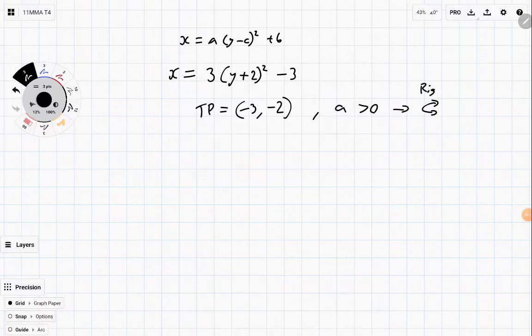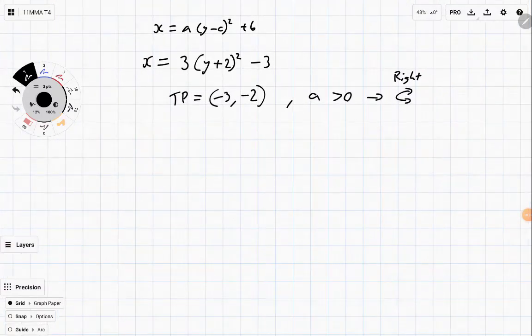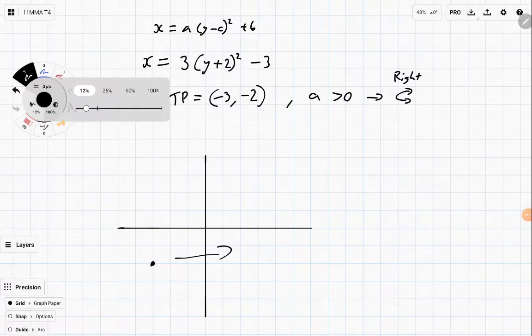Obviously I can do things like turning points and all that stuff, but for the moment, let's just go through. So to start off with, we're going to have a couple of axes. (Negative 3, negative 2). It's going to be this point down here. It's concave right, so it's going this way. So it's going to look something like this.